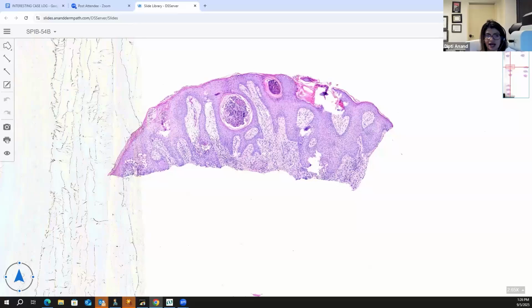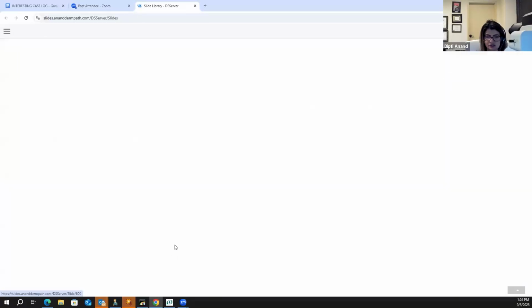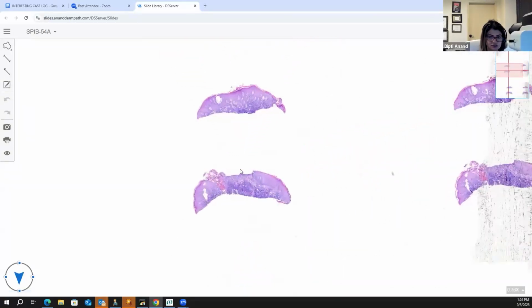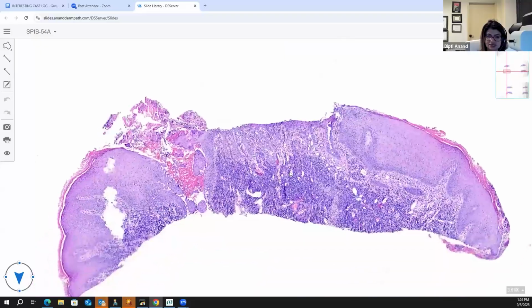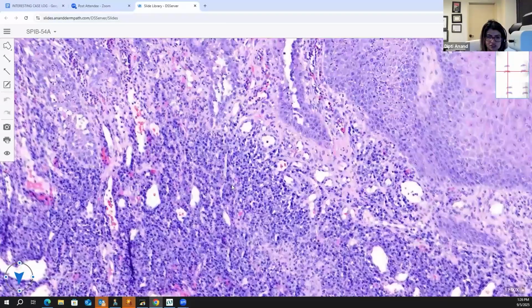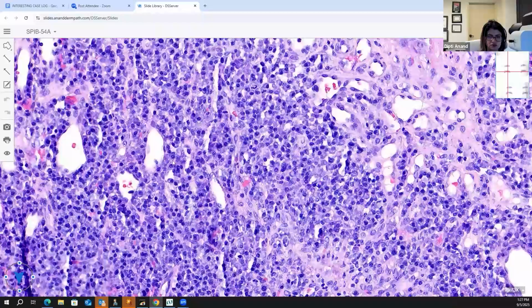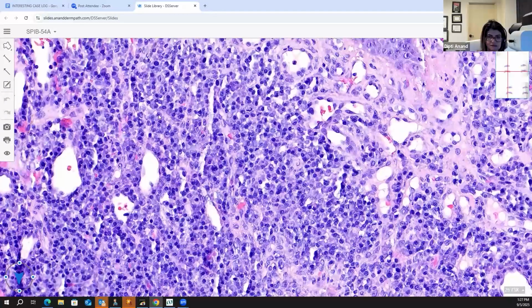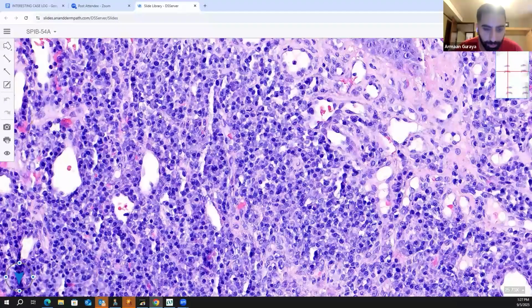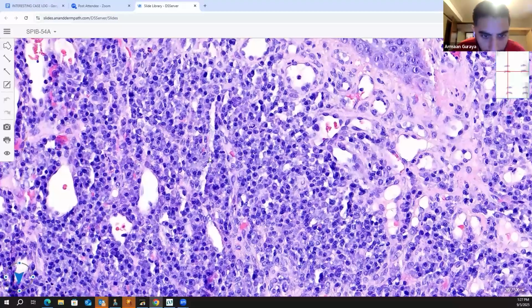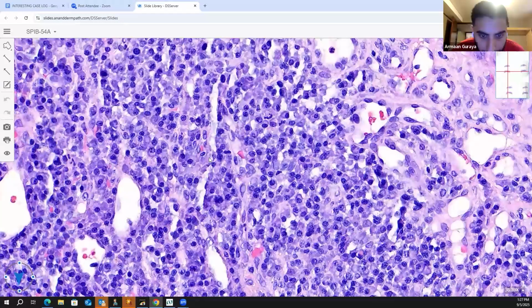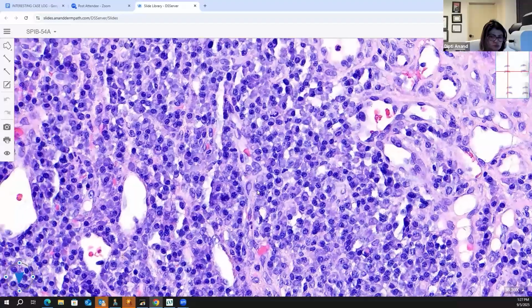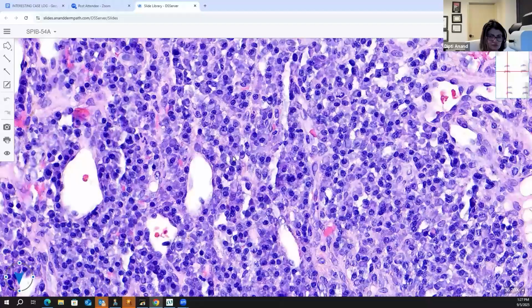And then you had the 54A slide with it. So this is the same patient. In the same patient, what are all these cells? Like in the dermis, you mean? Yep. That's mostly lymphocytes. Nope. Or histiocytes?